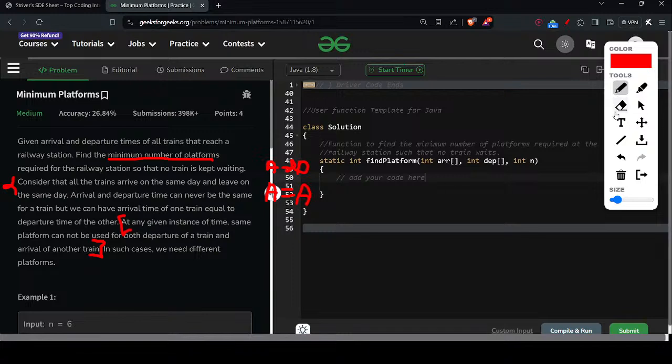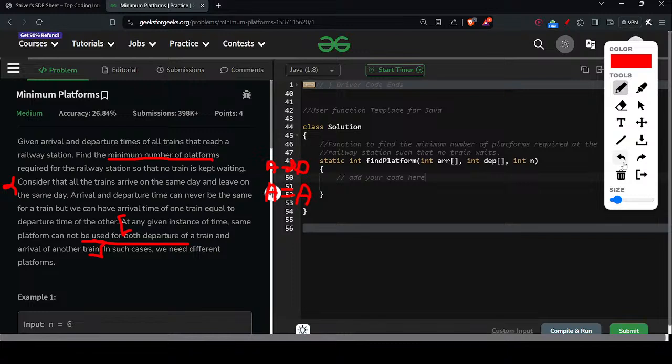So in short, two trains must never be on the same platform. If a train is departing at a time, another train can't arrive at that time.